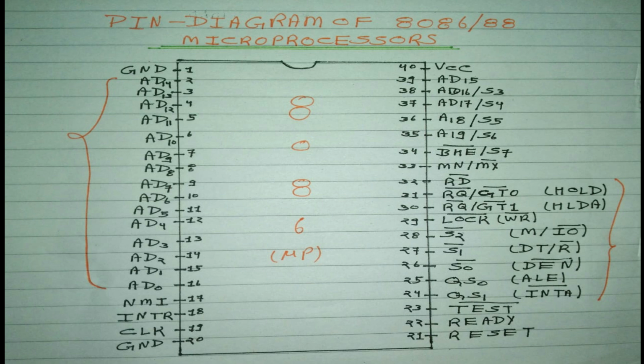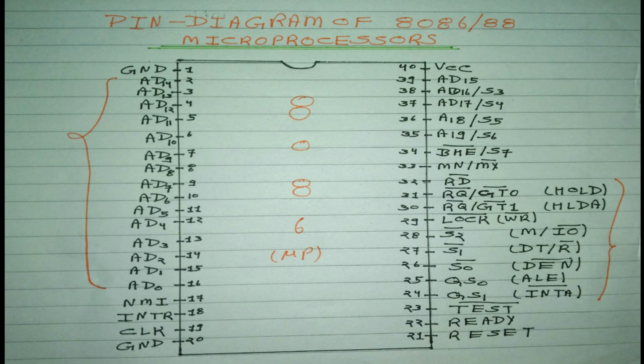Okay, at the last, the rest of the address pins A16 to A19, pin number 35 to 38, the address status bus, are multiplexed to provide address signals A16 to A19, and also status bits S3 to S6. These pins also enter a high impedance state during the hold acknowledge.